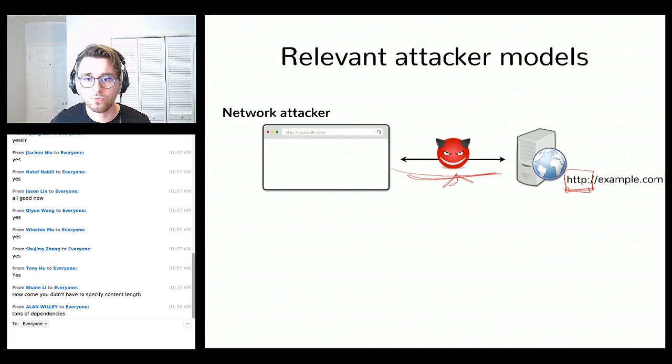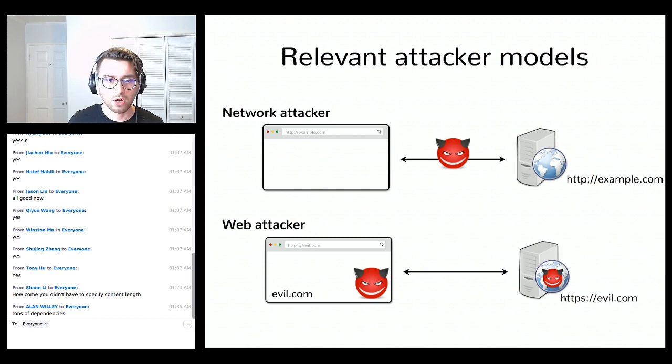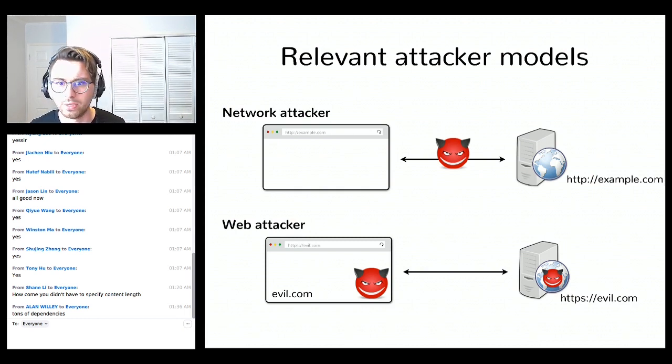But for most of this class, we're not going to look at the network attacker. We're just going to see, at the end, what kinds of things can go wrong if you don't serve your web app over HTTPS. And your IoT devices probably do it over HTTP, so it's something to be worried about.